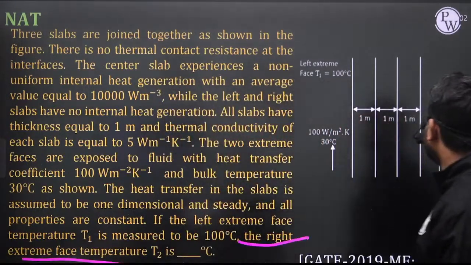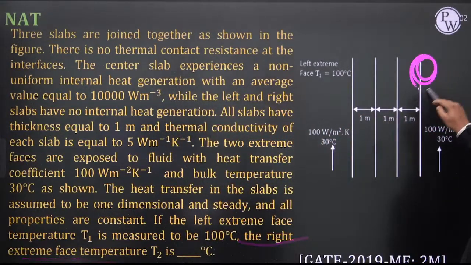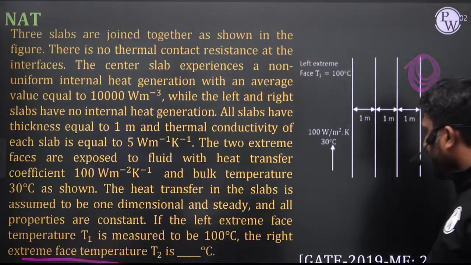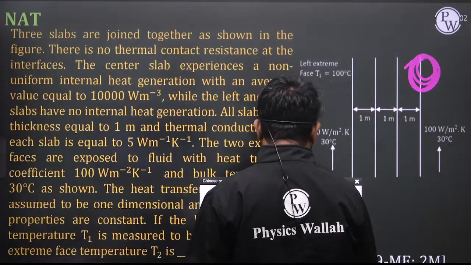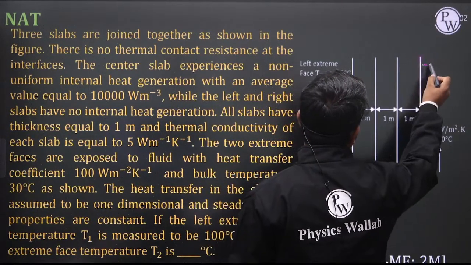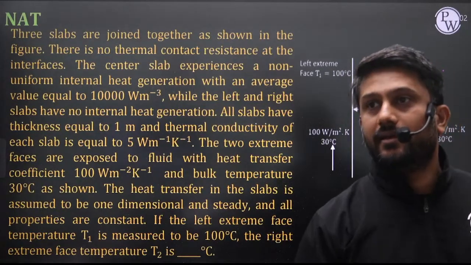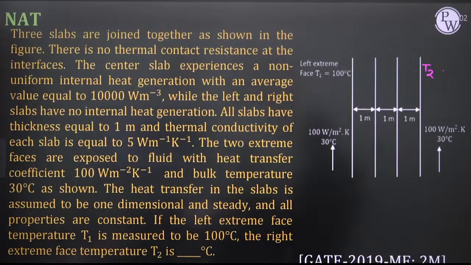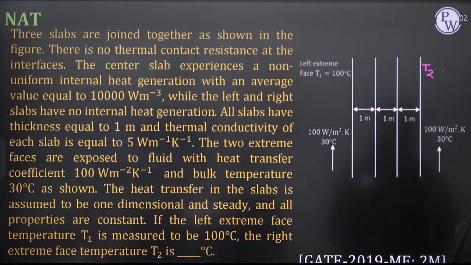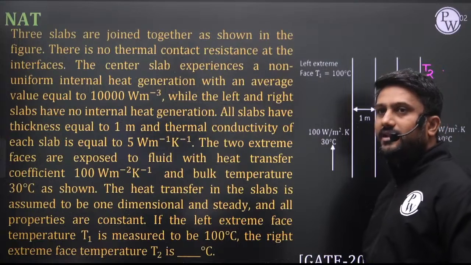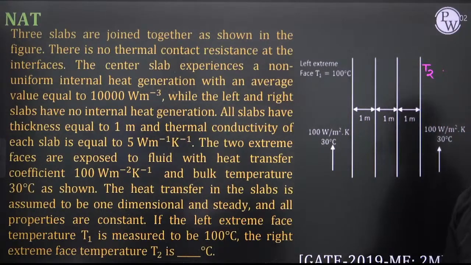This is the right extreme face, and here the temperature is T2. Now tell me, if this were a symmetric problem, then what would T2 be? The T2 would be 100 degrees Celsius.